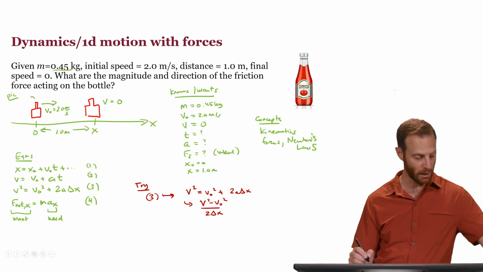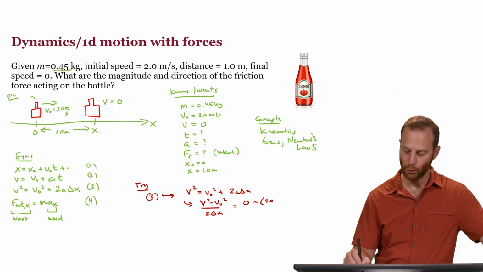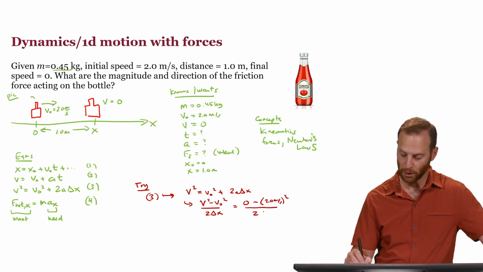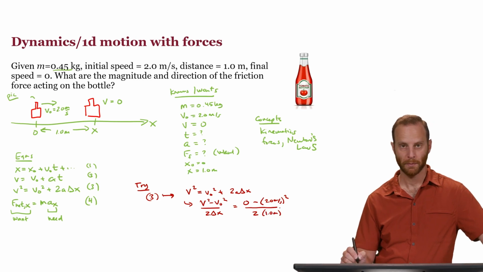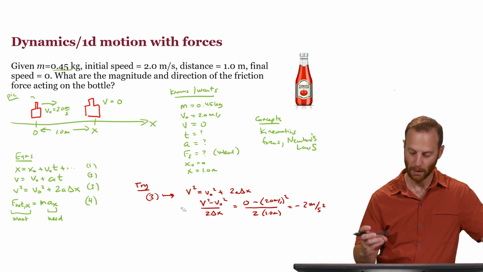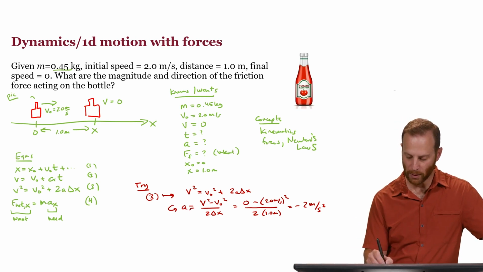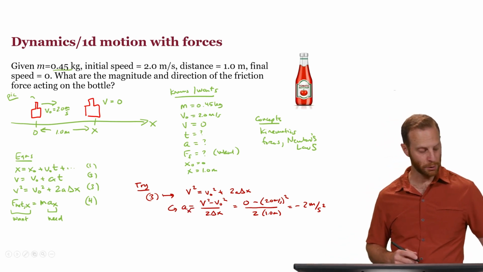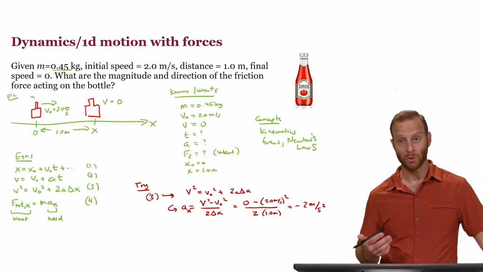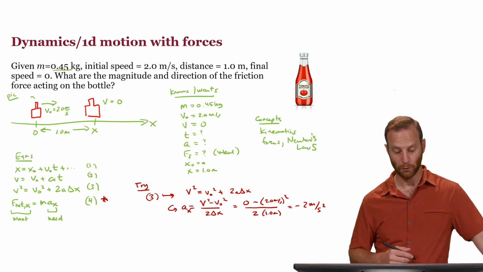That's 0 minus 2 meters per second squared, divided by 2 times the change in position, which is 1 meter. That gives us an acceleration of minus 2 meters per second squared. Now that we have the acceleration in the x direction, we can insert it into Newton's second law, equation 4, and figure out the frictional force.